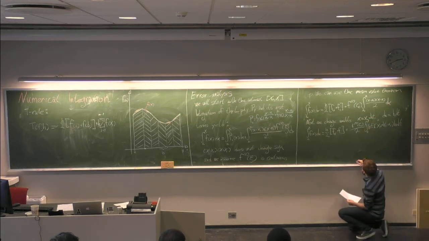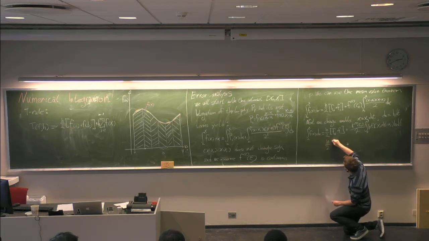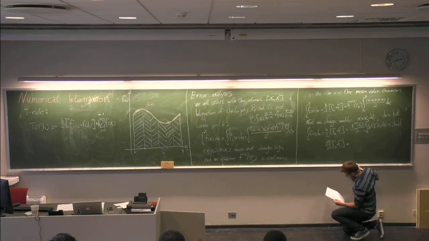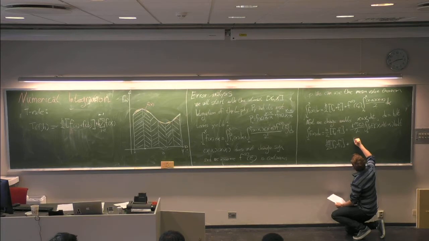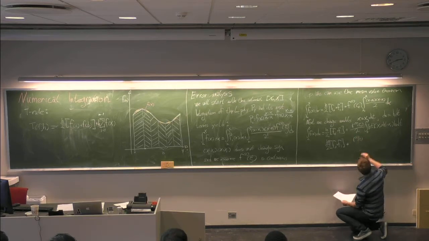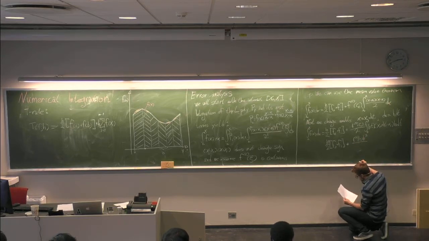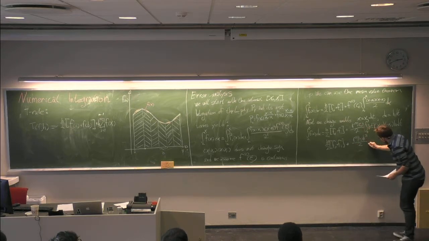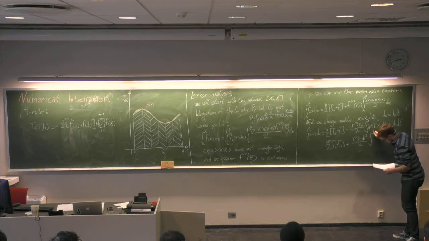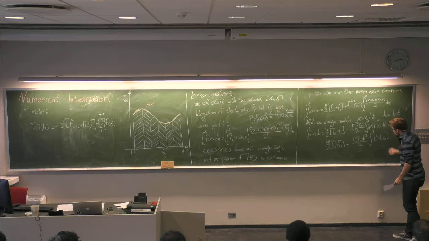We can then clean this up a bit. See, h over 2, f0 plus f1. Then it's going to be f2 of c1. We will have an h to the power of 3 in there, divided by 2, from 0 to 1, t squared minus t dt.